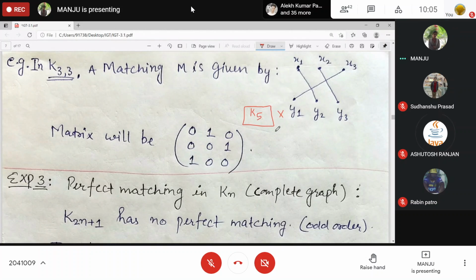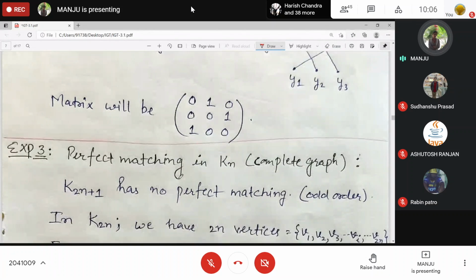So we need independent edges, and a perfect matching is the matching which saturates all the vertices, or you can just say which contains all the vertices of the graph. But here we can have a maximum matching that covers four vertices, that is two edges, right? So no matching can contain all the five vertices. And you can just say no matching can contain an odd number of vertices.